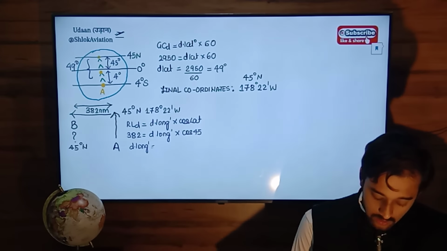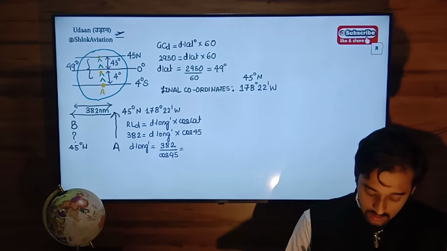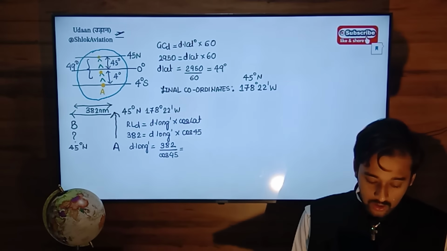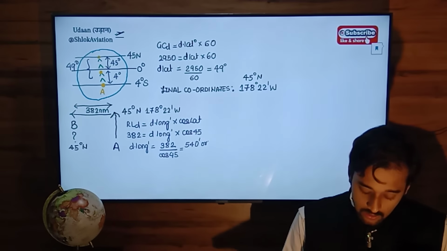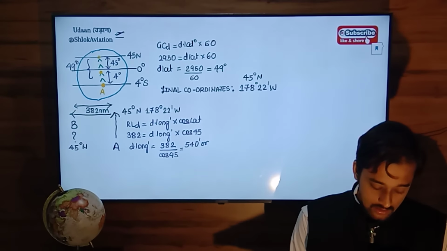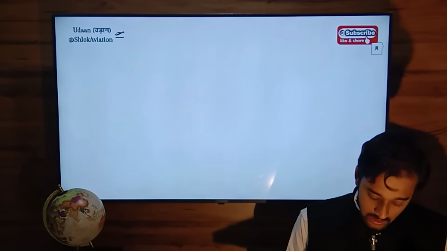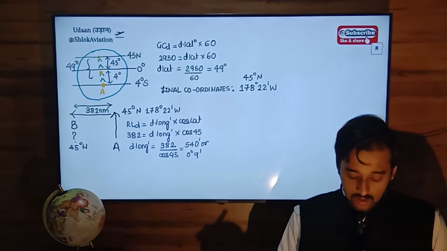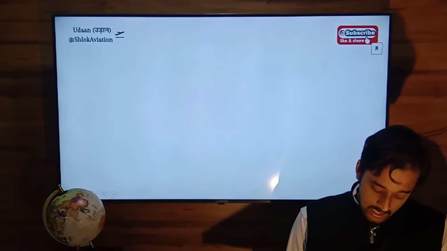D long in minutes equals 382 divided by cos 45, which is 540 minutes, or 540 divided by 60 is 9. Now let's find out whether you are going to stay in the western hemisphere or enter the eastern hemisphere.